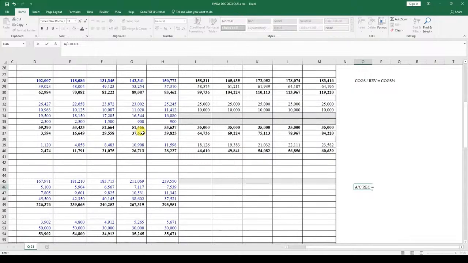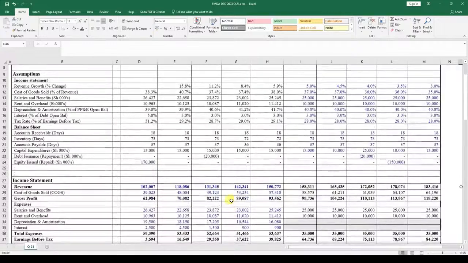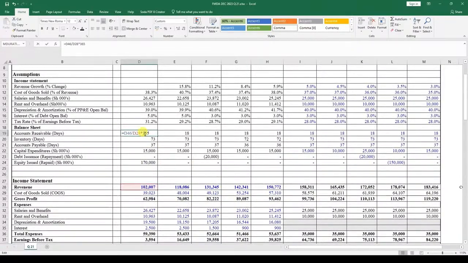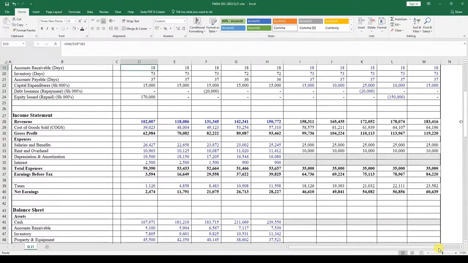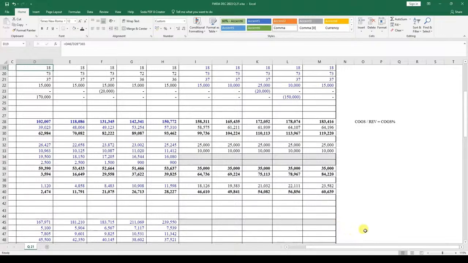Let me just tell you what you're going to do, because the formula is given to us right over here. We are saying we're going to get the accounts receivable over the revenue times 365. So we're just going to do this. We are going to pick the days over here, accounts receivable days.